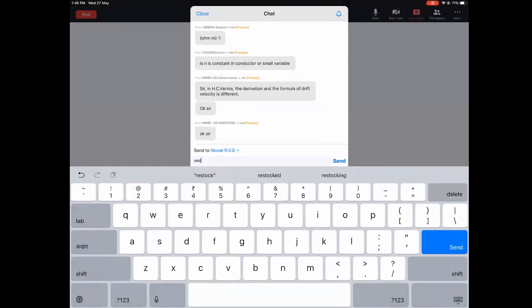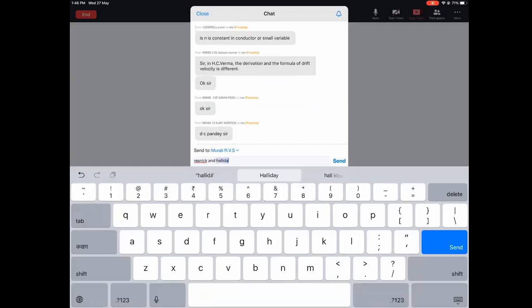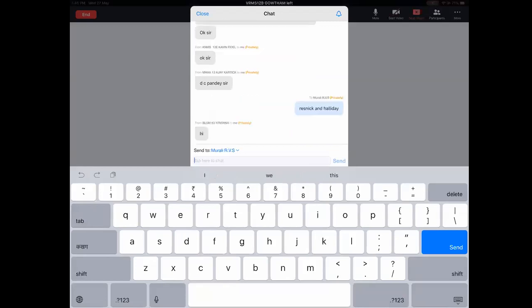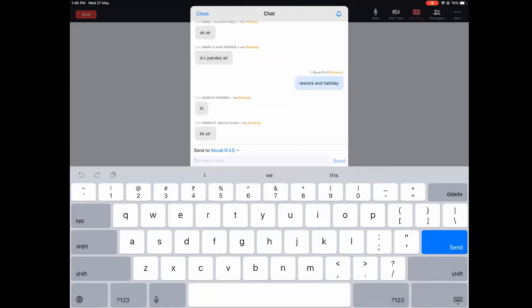Resnick, R-E-S-N-I-C-K, and Halliday, H-A-L-L-I-D-A-Y. DC Pandey is also like H.C. Verma only. He wants to show that he knows more than the world. So that is my problem with DC Pandey. All Indian authors' books, mostly I don't like them because of this reason.